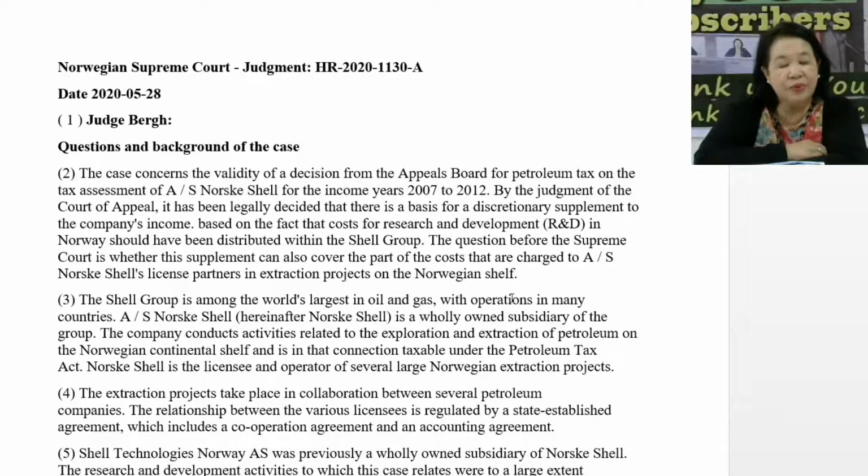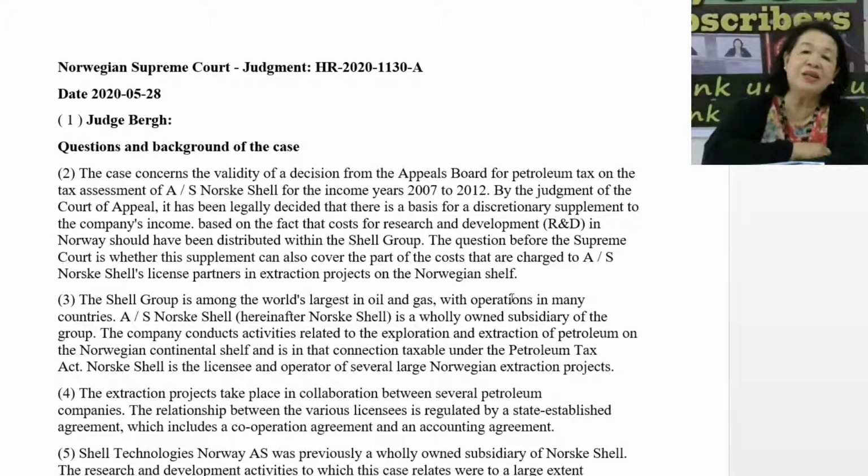So ito na yung, di ba, sabi natin when you make a comparability analysis, you have to explore what are the functions or what is the profile of the company. So the Shell Group is among the world's largest in oil and gas.